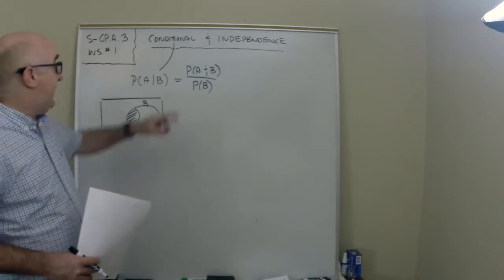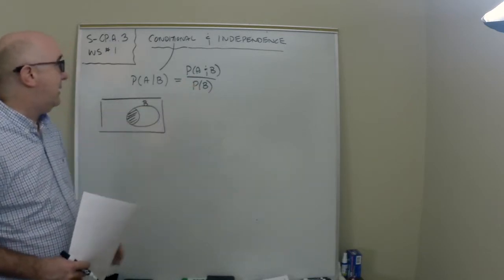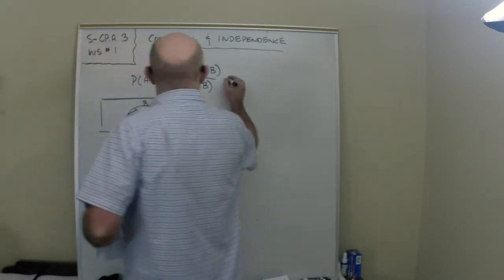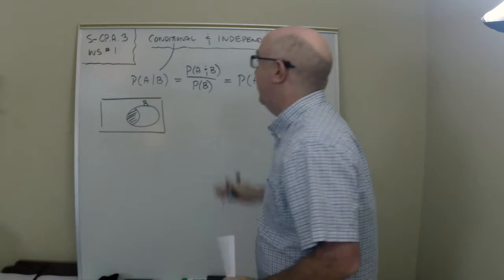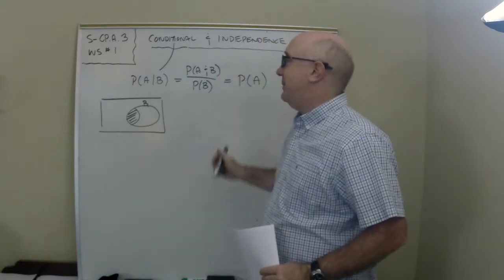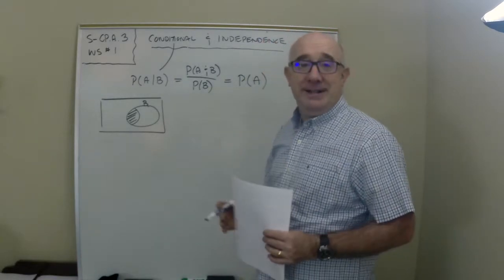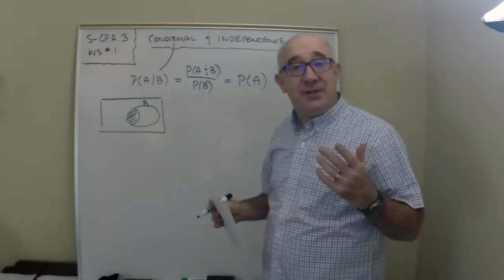Now, if that probability right there is the same as the original probability of A, then they are independent. Because think about this.